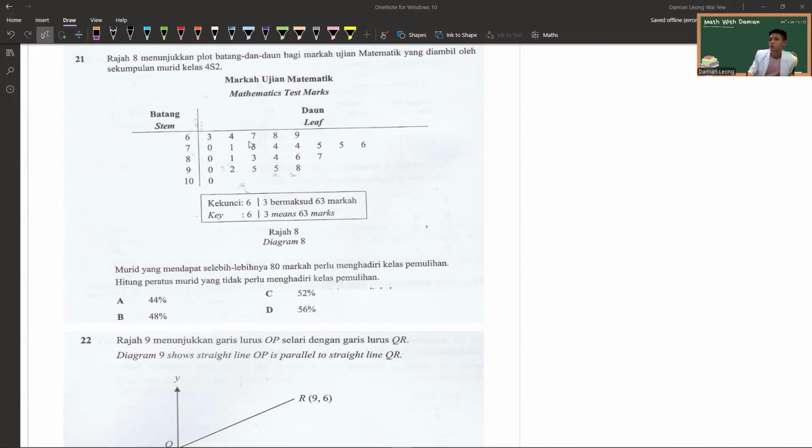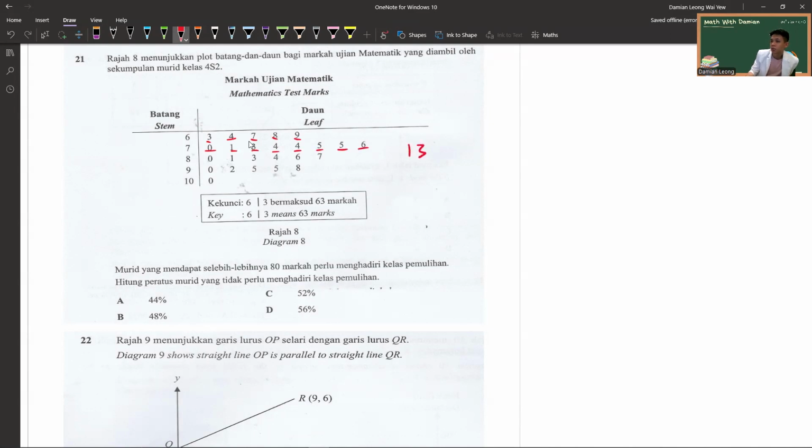So they need at least 80 marks to attend the class pemulihan. So if I don't need to attend, it should be less than 80 marks. So that's 1, 2, 3, 4, 5, 6, 7, 8, 9, 10, 11, 12, 13.